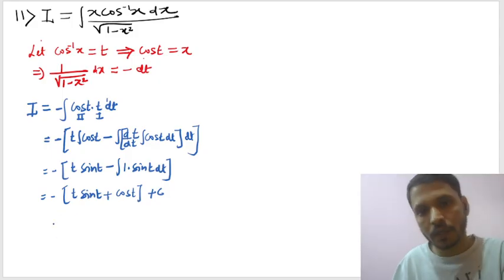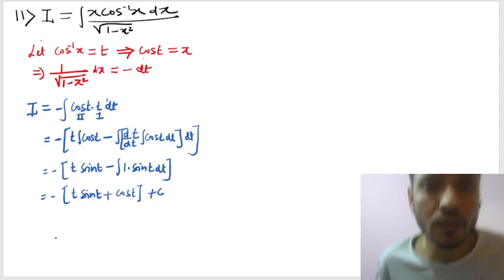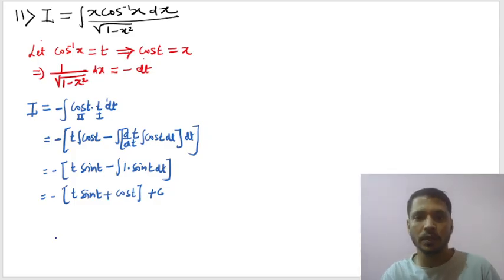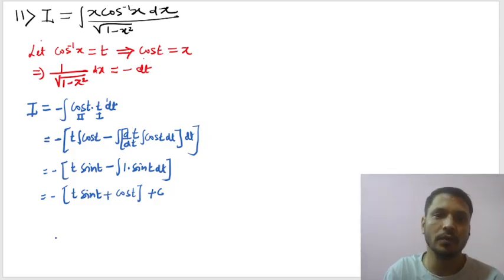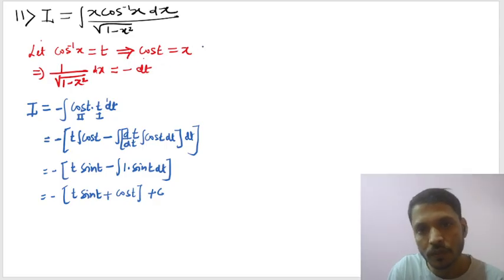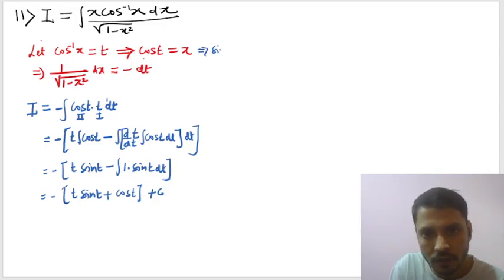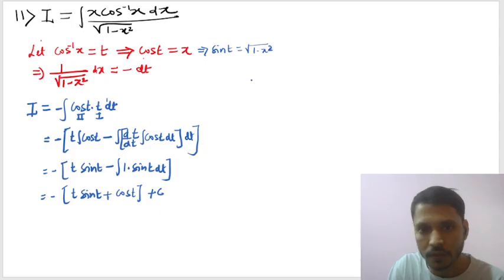Now we can replace our t. Instead of replacing t, we replace cos t in terms of x. Cos t is equal to x, so sin t will be equal to under root of 1 minus x square, from the identity sin square theta plus cos square theta equals 1.